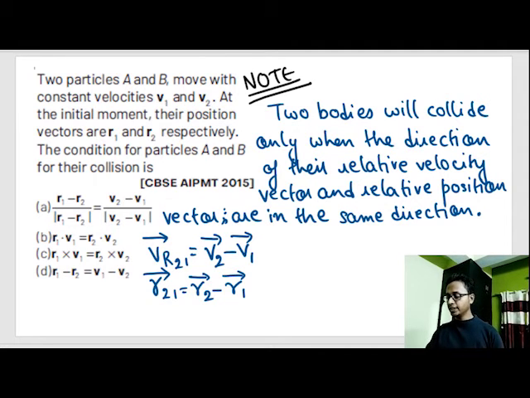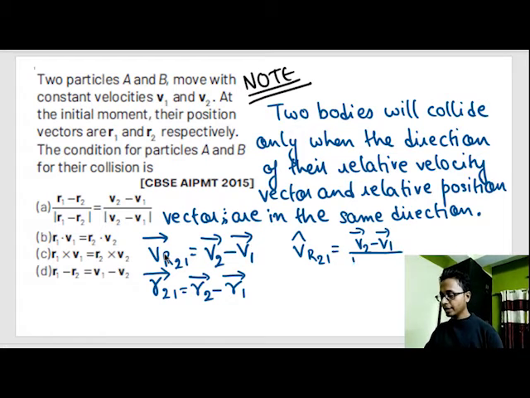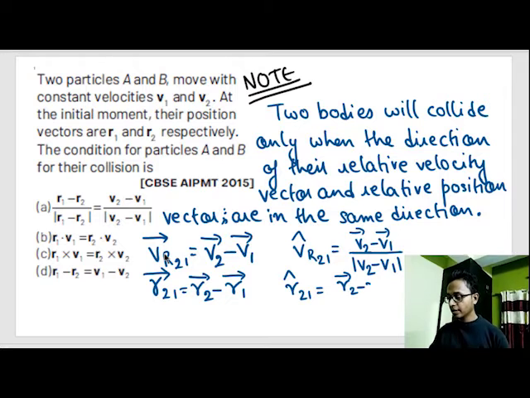So I need to find the direction of the relative velocity vector. How do we find it? We take the unit vector, which equals the vector v2 minus v1 divided by the magnitude of v2 minus v1, and the direction of relative position is given by r cap, which equals the vector r2 minus r1 divided by the magnitude of r2 minus r1.